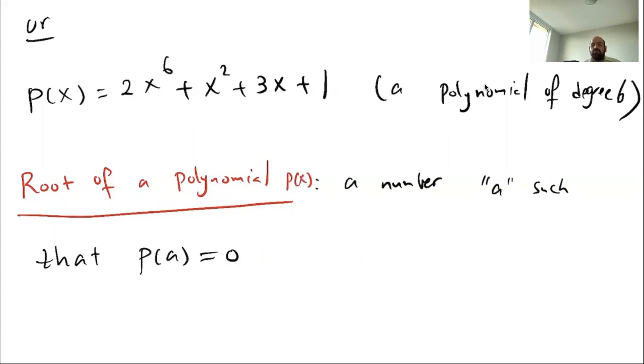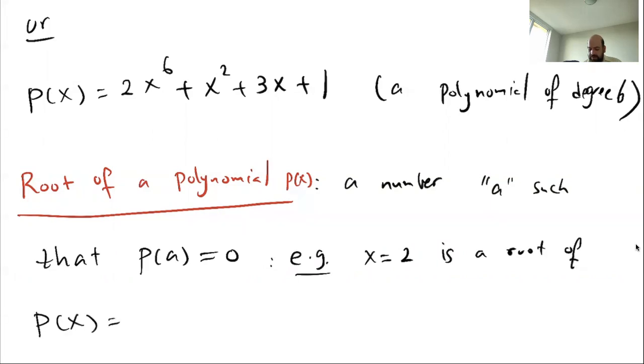That's the meaning of a root or zero of a polynomial: a number that when you replace X with that value, you get 0. For example, X equals 2 is a root of P of X equals X squared minus 4, because when you replace X with 2 in P of X equals X squared minus 4, you get 0.